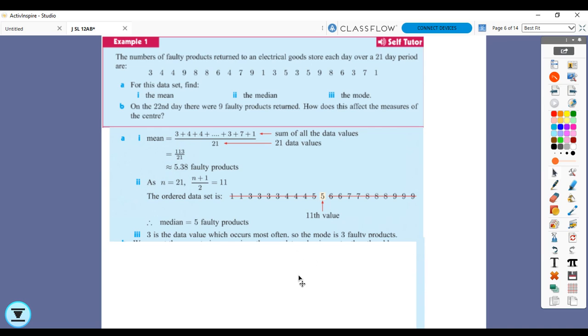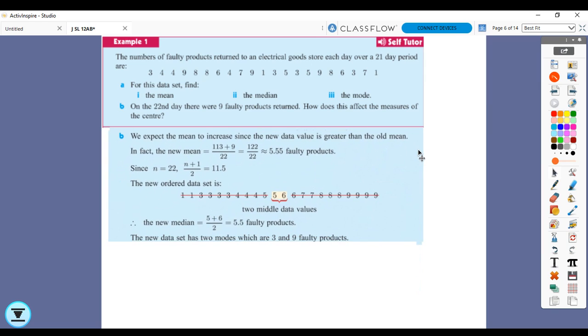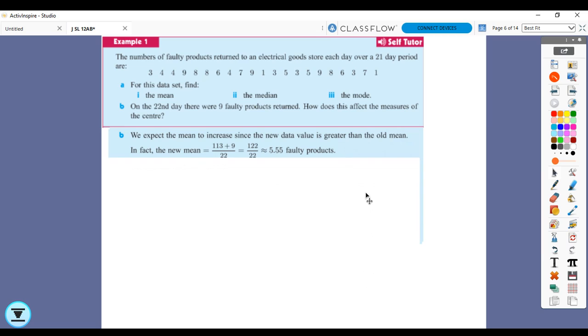B is a little bit more interesting. Notice that of all the numbers, 9 is the highest. If on the next day there are 9 faulty products, how does this affect the measure of the center? Obviously, the mean would increase because that's greater than the old mean.